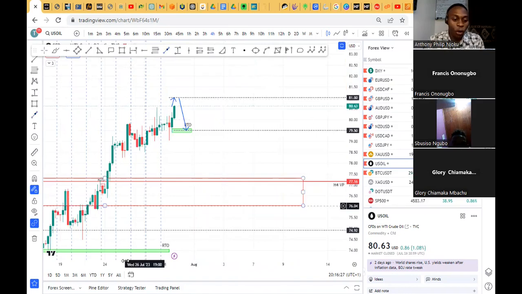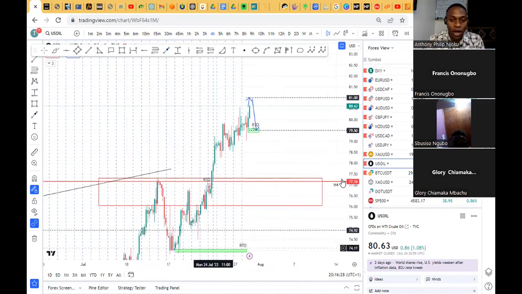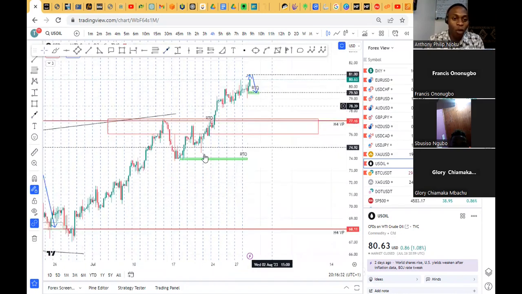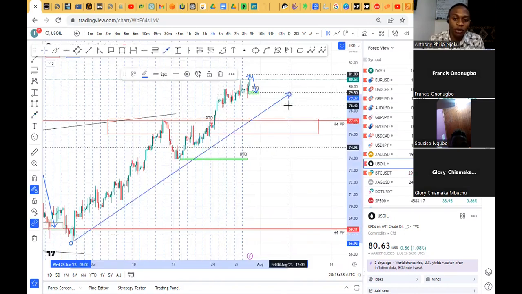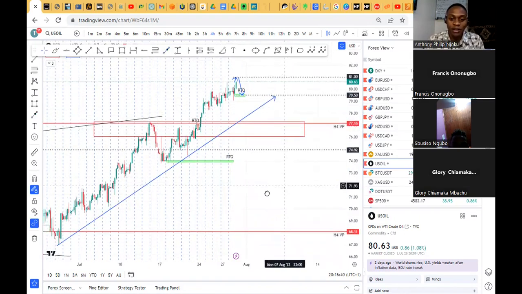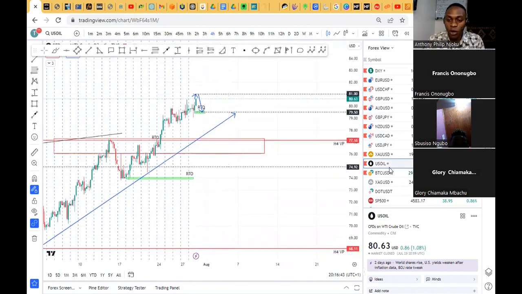That's for US oil. But overall, US oil has been going up. So expect more fuel increase, price of fuel in every part of the world. You can see that it has been going up. So you see changes in prices of petroleum. Shouldn't be surprised. The market index is increasing as well.